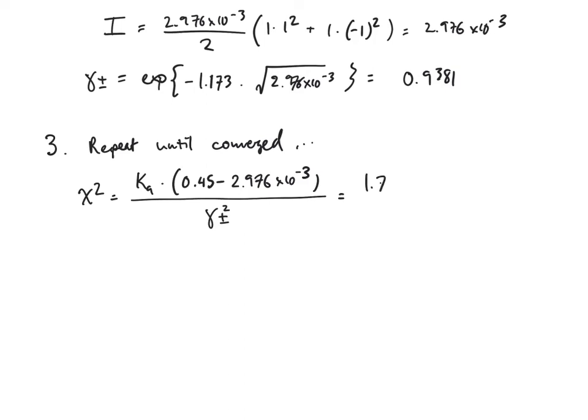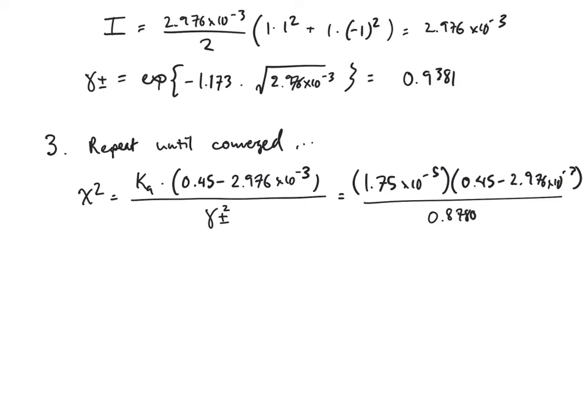So that's going to be 1.75 times 10 to the negative fifth, 0.45 minus 2.976 times 10 to the negative 3. And that's all over 0.8780.